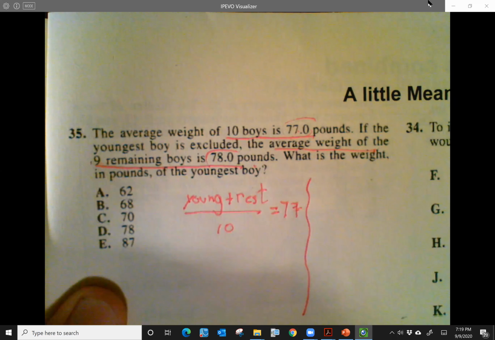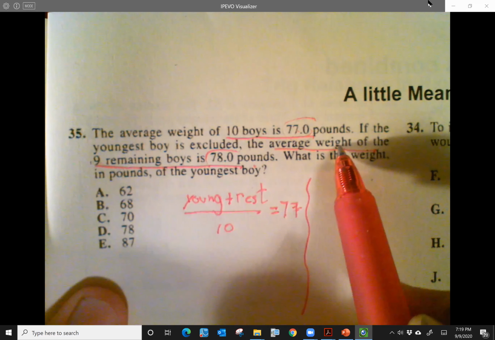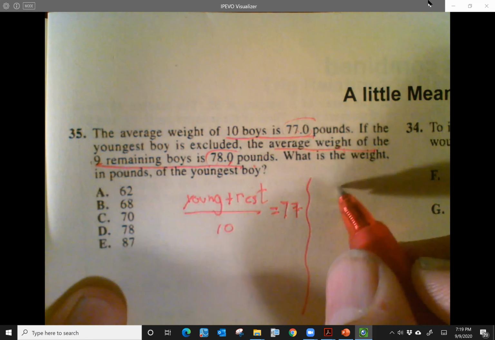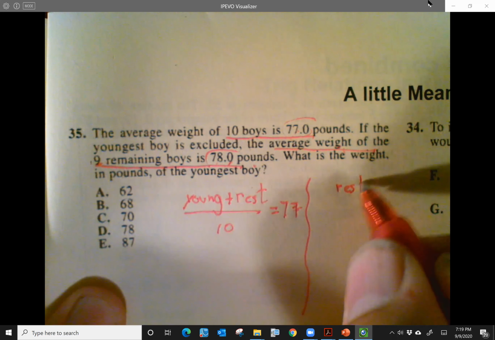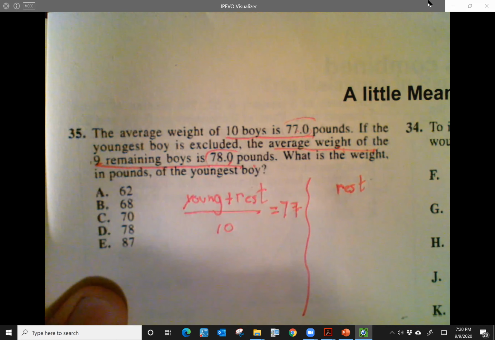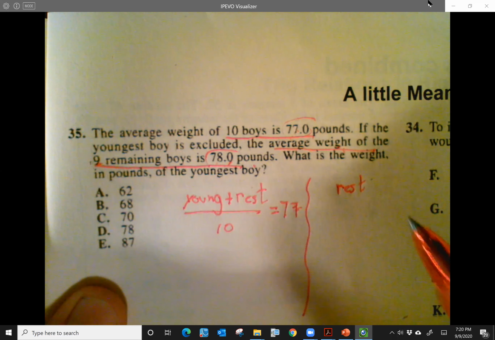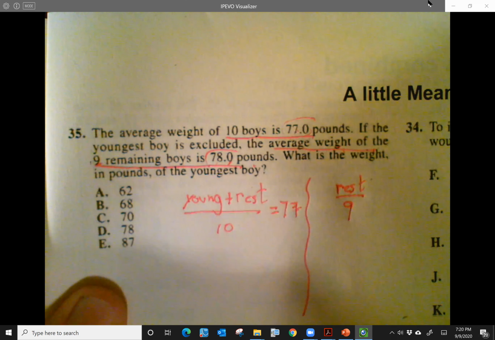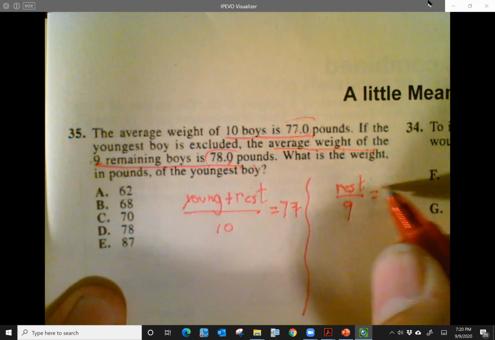Now, we are told the weight of the 9 remaining boys is 78. So if I were to take the rest of them, not counting the youngest kid, and I divide it by 9 because there's 9 boys remaining, right? We're told that's 78.